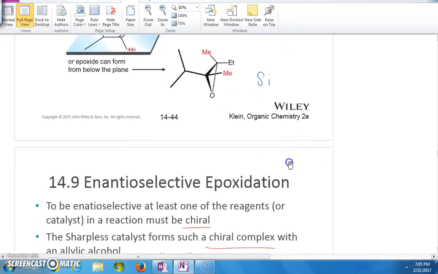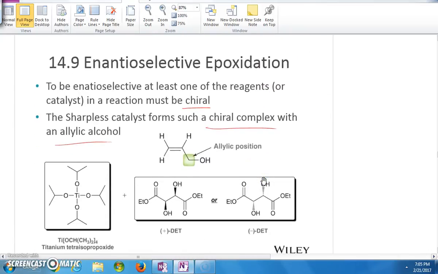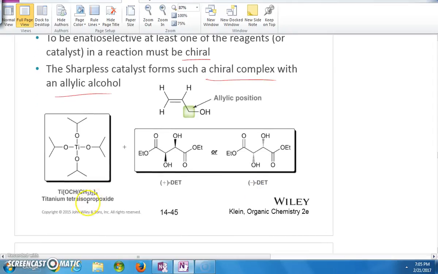So how do you do it? You have to use a chiral catalyst. The guy by the name of Sharpless developed the Sharpless epoxidation, and he used titanium tetraisopropoxide in the presence of either positive DET or negative DET.